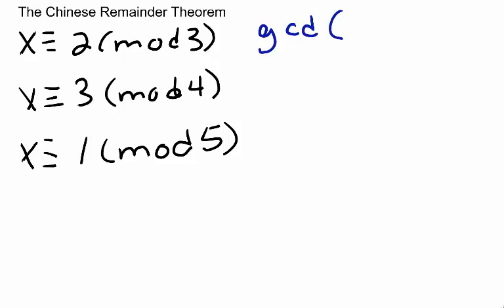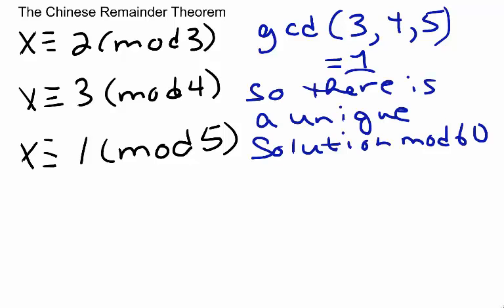So the GCD of 3, 4, and 5 is equal to 1. Therefore, we know that there's a unique solution mod 60, where 60 is obtained by taking the product of 3, 4, and 5.